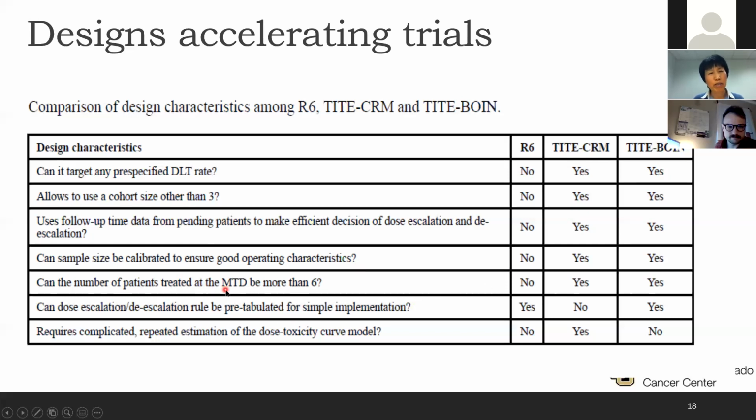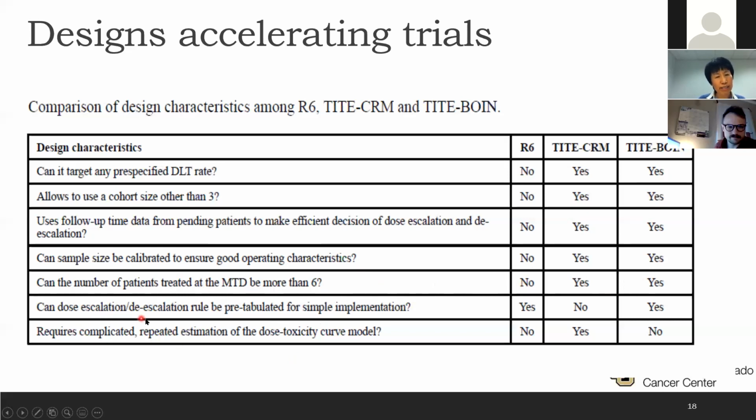Can the number of patients treated at the MTD be more than 6? That is no for rolling 6. However, that is true for the time-to-event CRM and the time-to-event BOIN designs. In general, we have many more patients at the MTD dose.